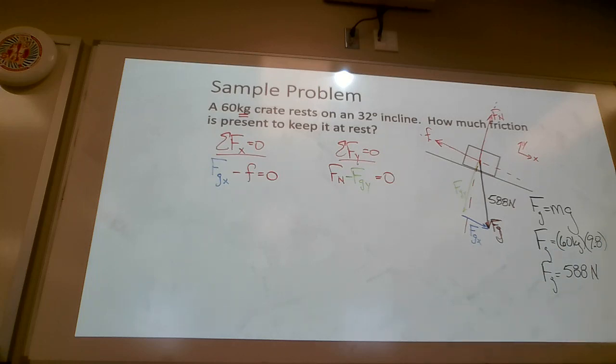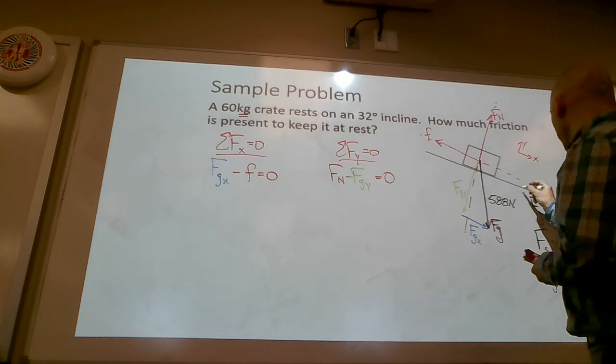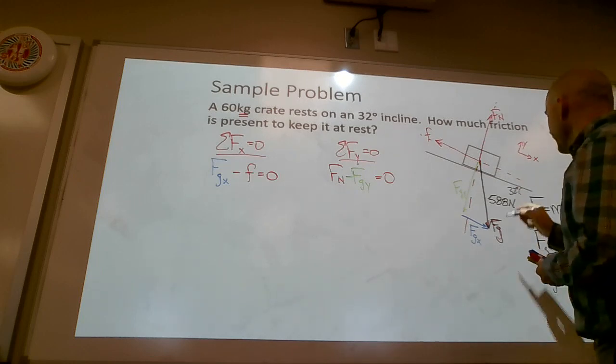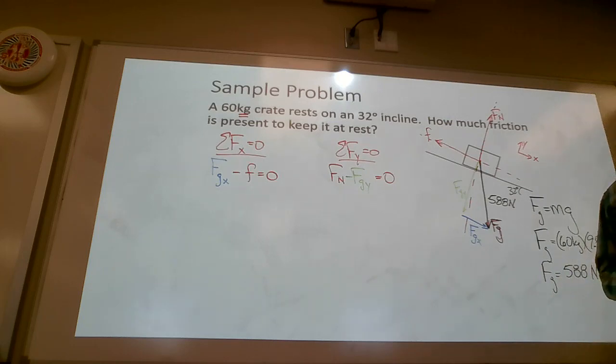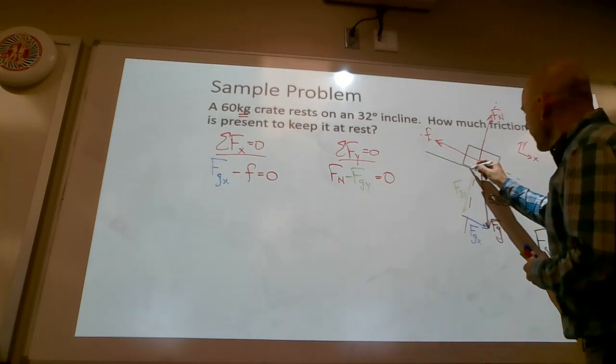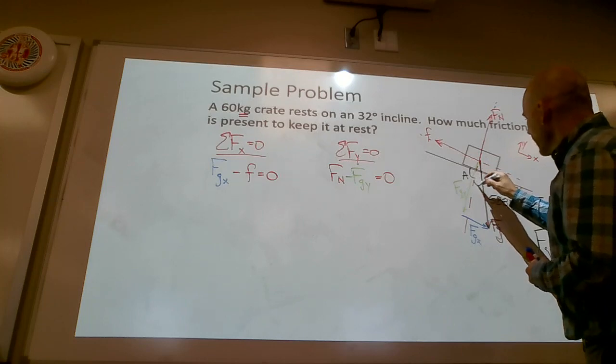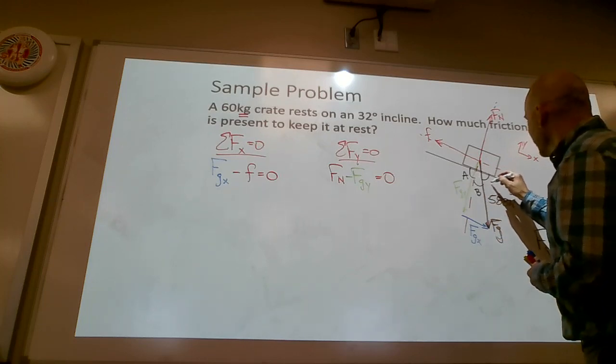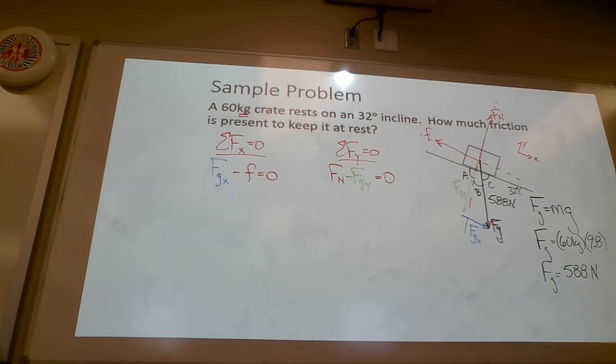Think in your head. Oh, sorry. Here's a preliminary question. This angle is 32 degrees. Is angle A, angle B, or angle C 32 degrees? Which angle is 32 degrees?